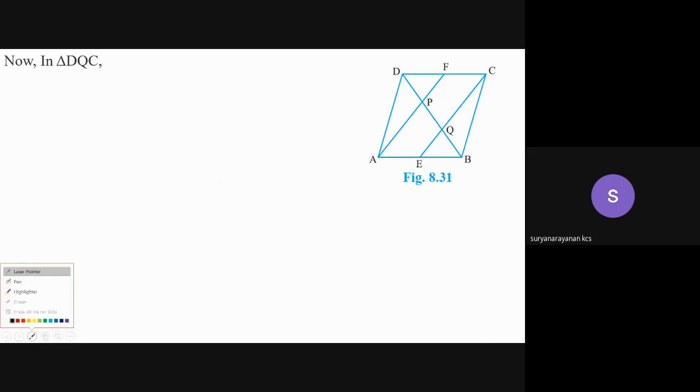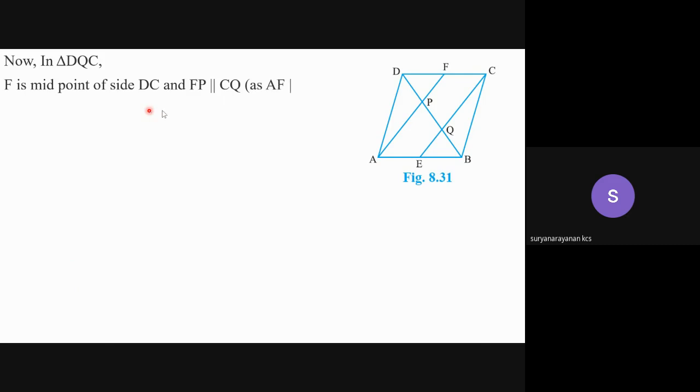So in the triangle DQC, F is the midpoint of side DC and FP is parallel to CQ. Yes or no? Then we use the midpoint theorem here. P is the midpoint of side DQ.